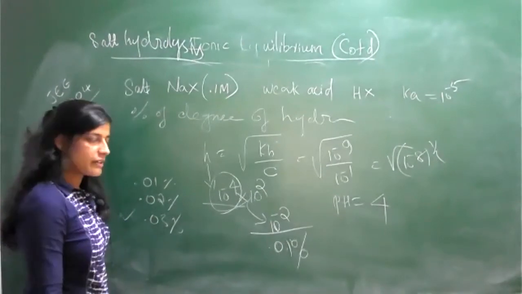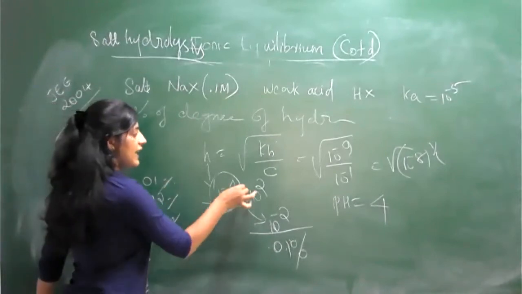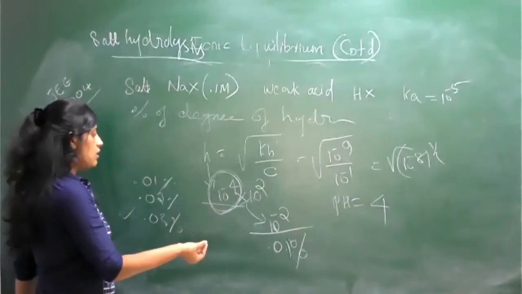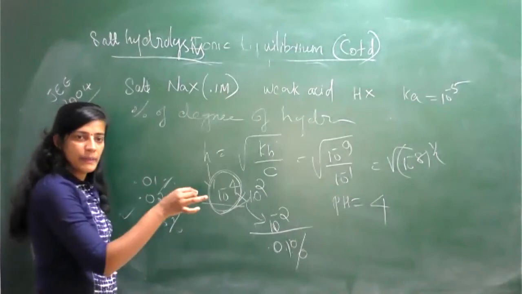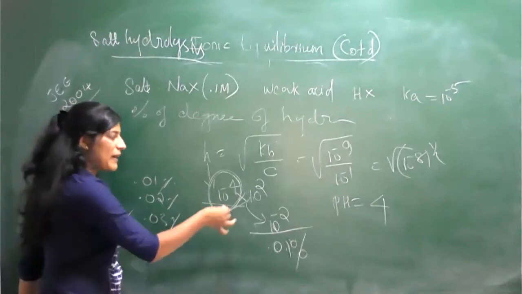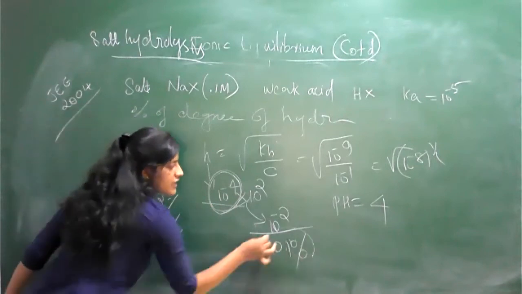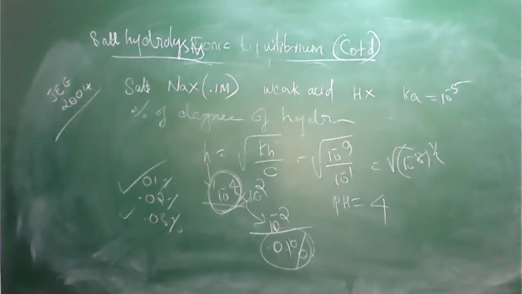Don't think like that. 0.0001 is not the correct answer. You want to multiply it with 100 and convert it into this form. This is the final answer, so 0.01. Yes, Sanjana, right. 0.01 is the right answer.